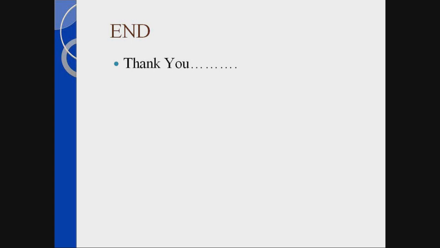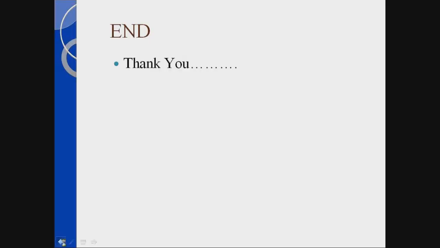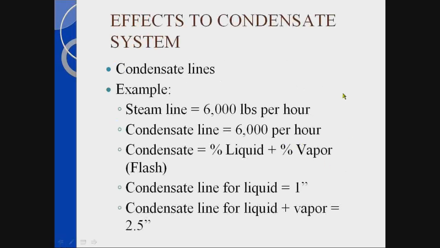I've got another guy asking here, Sergio, I believe he's out of Mexico. Could you repeat the consequences of sizing condensate lines incorrectly? Sure. The thing with undersized condensate lines, number one, is water hammer.